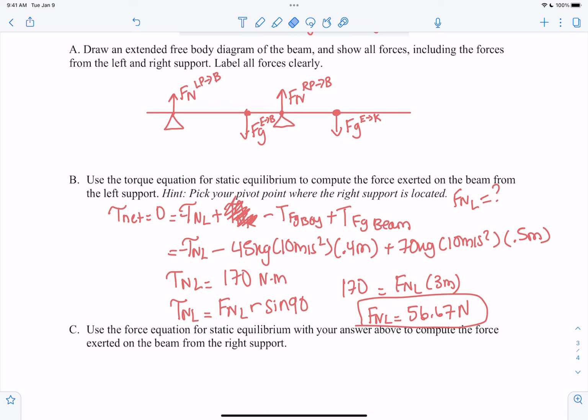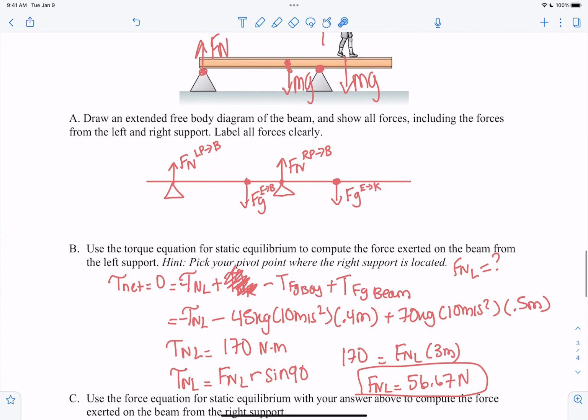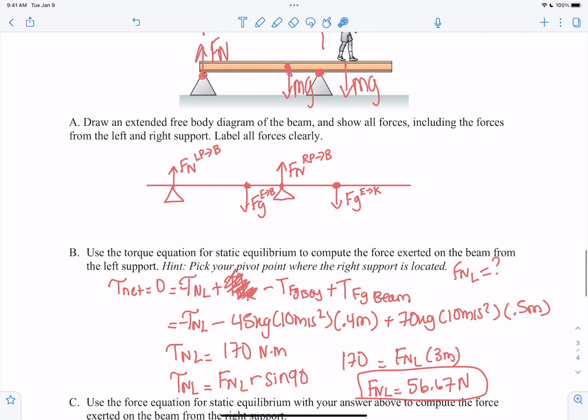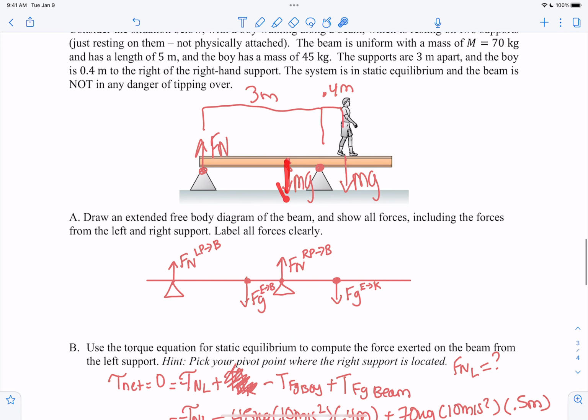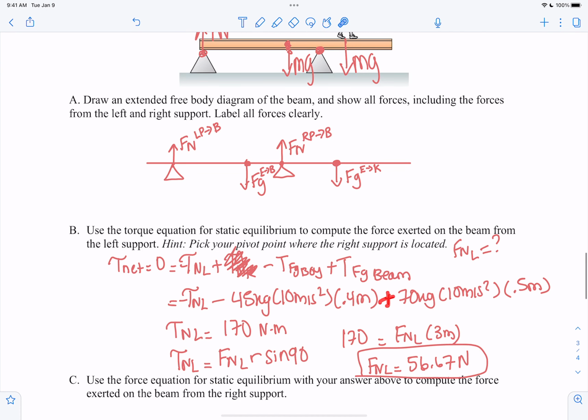For that force, you mean? The force for the left support? Yeah, so for the beam, since the beam right here is pulling you down like this, if I think about this as a clock, if I'm going this way, right, then I'm going counterclockwise, and that's positive. So that's why I added a positive sign right here.